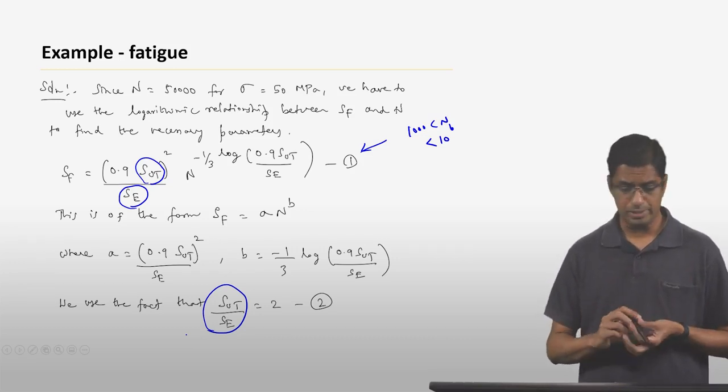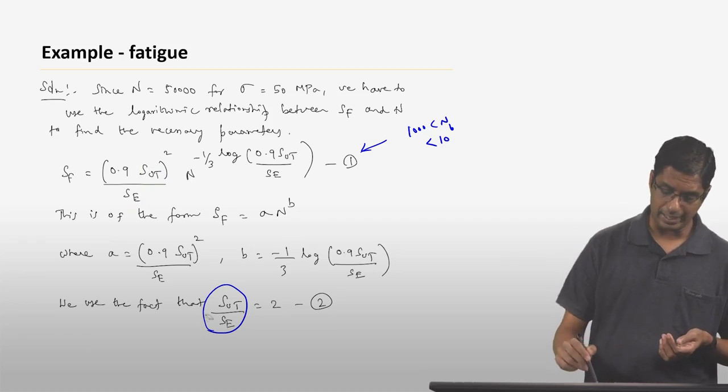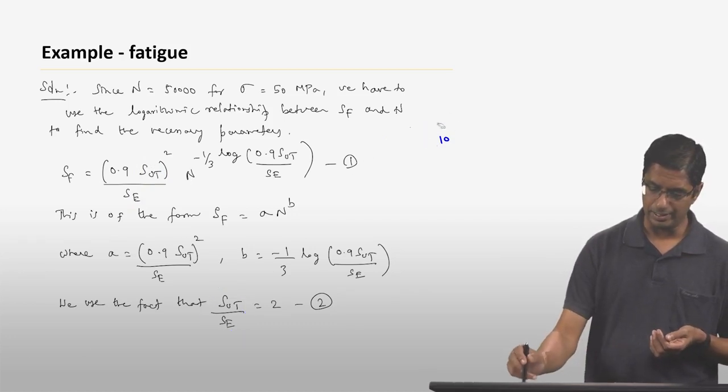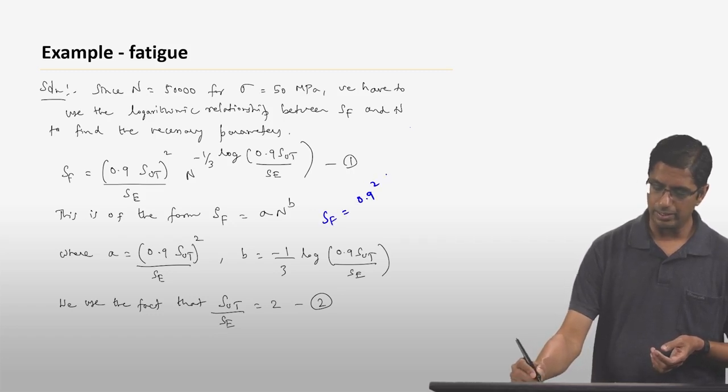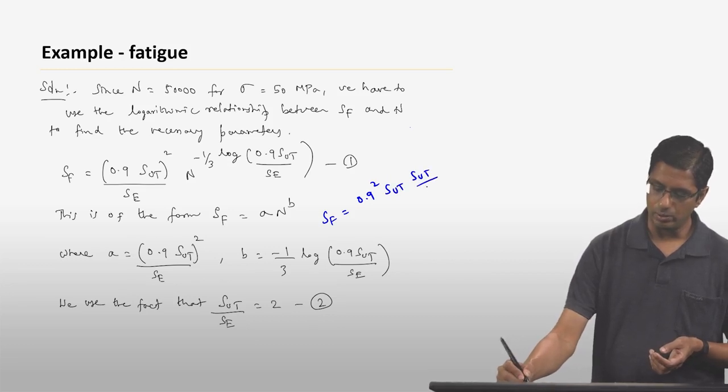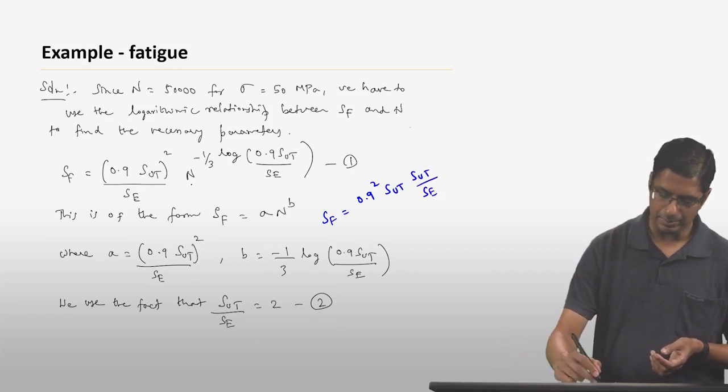So what I'm going to do is, essentially, I'm going to write this equation a little bit differently. I'm going to say SF is 0.9 square times SUT times SUT over SE times this factor.